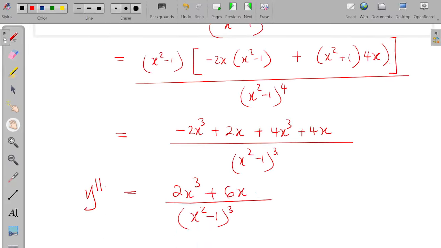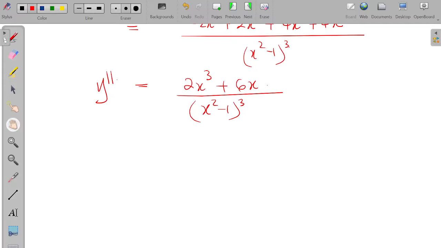Don't forget, you must know how to derive properly. That's what we have as our second derivative. Now, in order to find the interval where it is concave up or concave down, we need to equate the second derivative to 0.